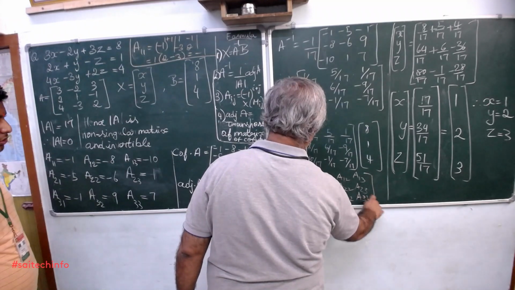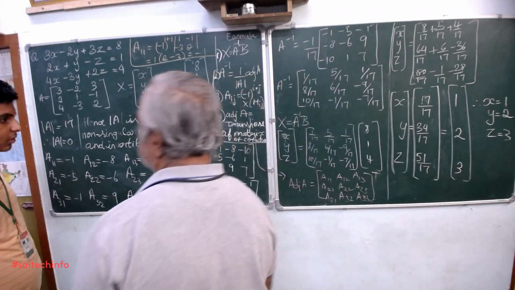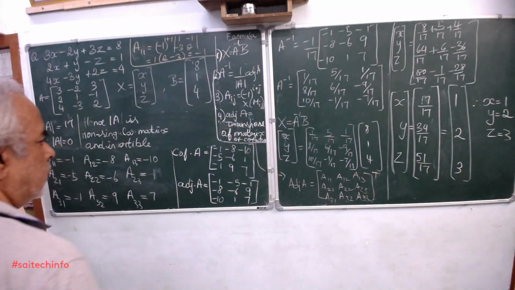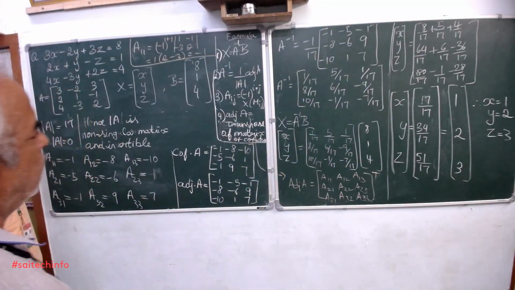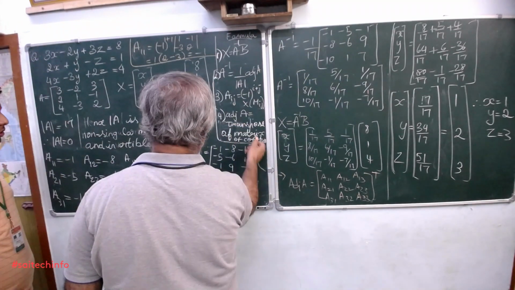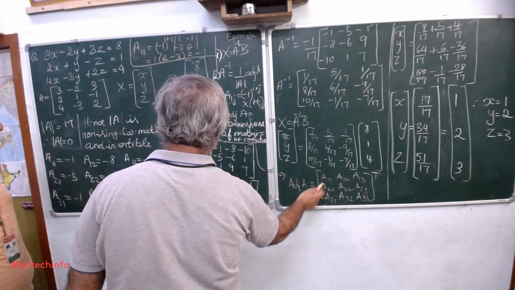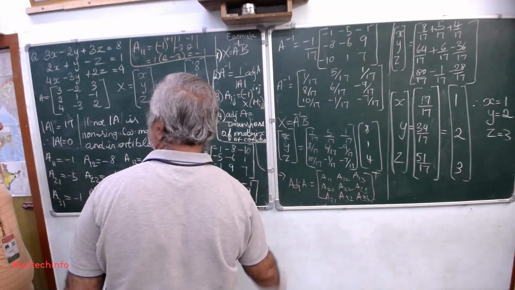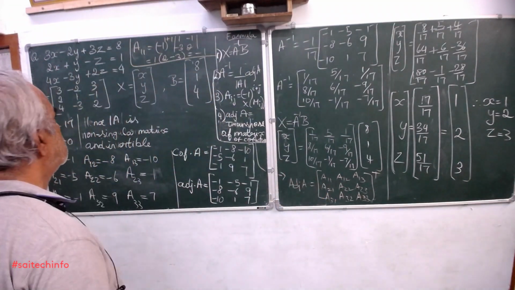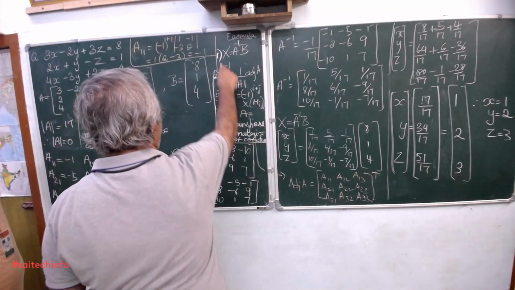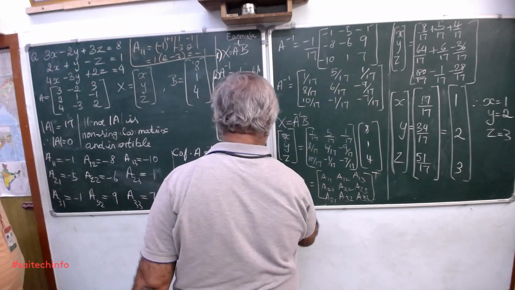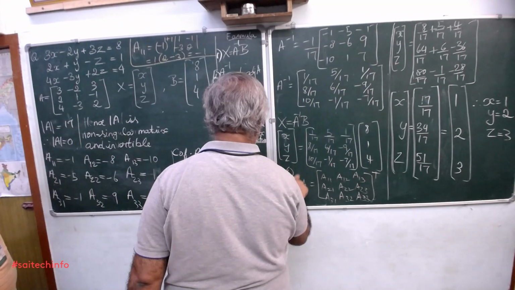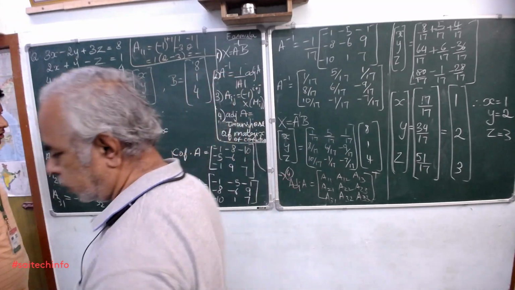These are all cofactors, and you put power T. That's all. Got it? So we can represent it in this way. Either you can do it like this, or you can simply represent it by the formula. Both are the same. So when you introduce the concept, all these four are very, very important. So this is the fourth one. Okay. Thank you very much.